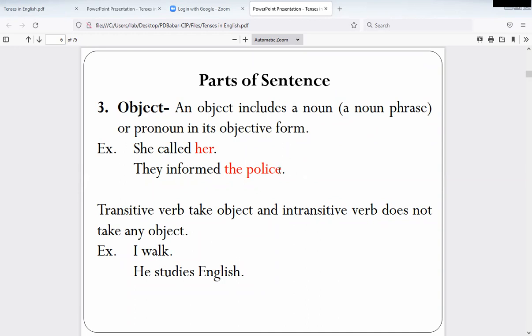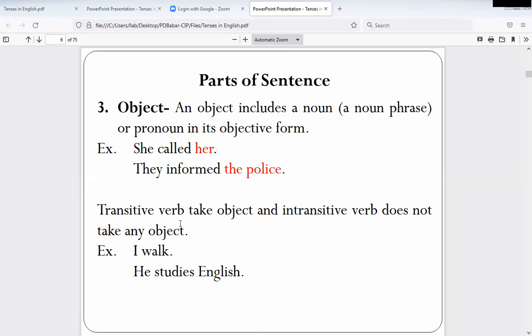Here the police is the object. Let's see. A transitive verb takes an object, and an intransitive verb does not take any object. We have discussed it in the ATT lectures.